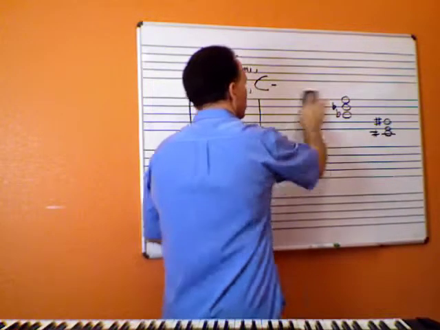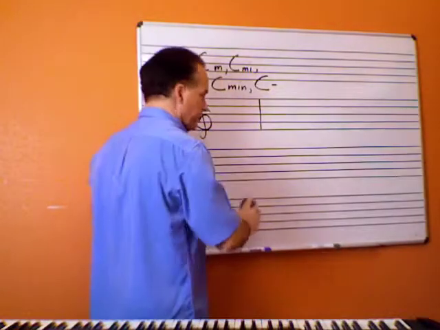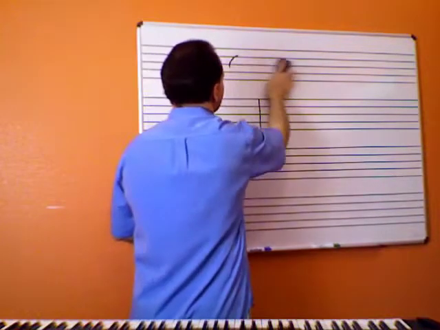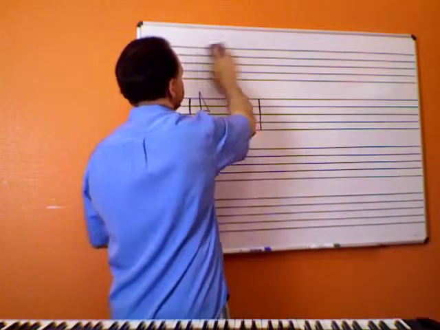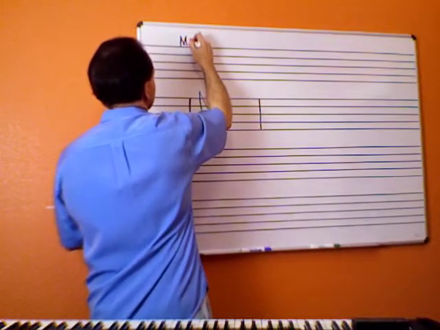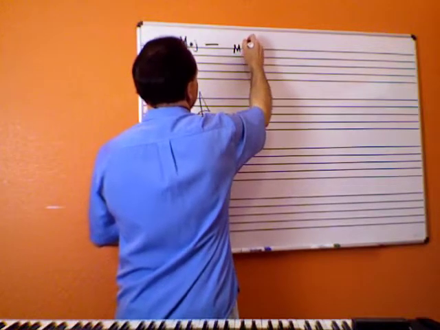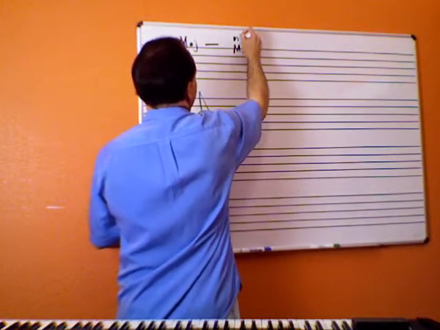Really what it turns out all of these triads are just different combinations of major and minor thirds. So far, the types of triads that we've built, a major triad has a major third on the bottom and a minor third on top.